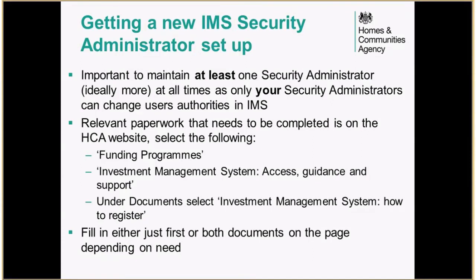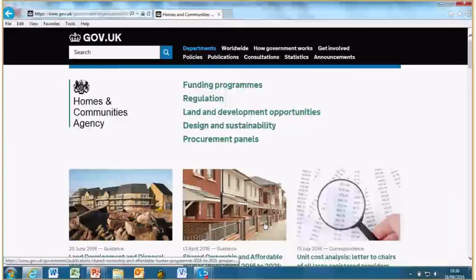So I'll now take you to the HCA website and demonstrate what I've just spoken about. Okay, so I'm now on the HCA website. As I said before, first thing you do is click on Funding Programmes, and it's at the top of the page.